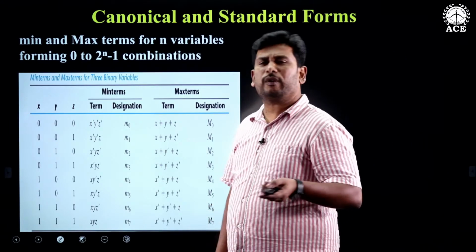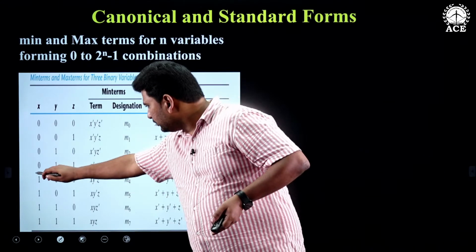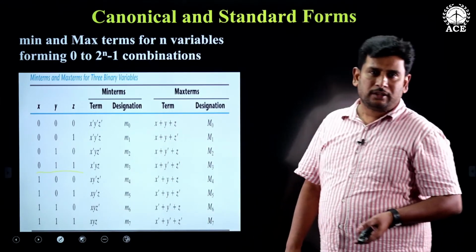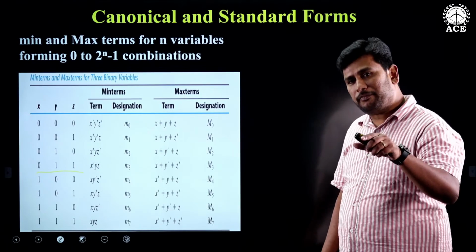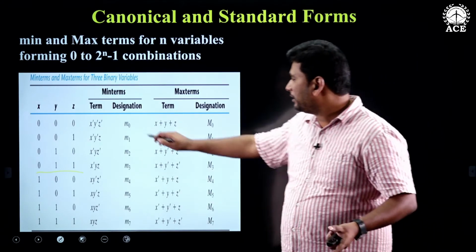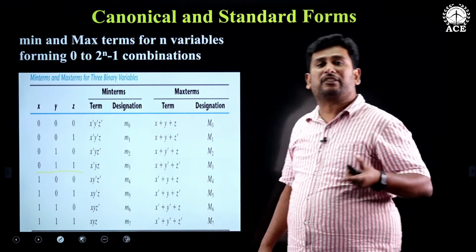Let's go with a favorite one, 0, 1, 1. This is our reference. I want to express 0, 1, 1 in minimum terms. In minimum, 0 indicates complement, 1 indicates normal, and 0, 1, 1 represent x, y, z.